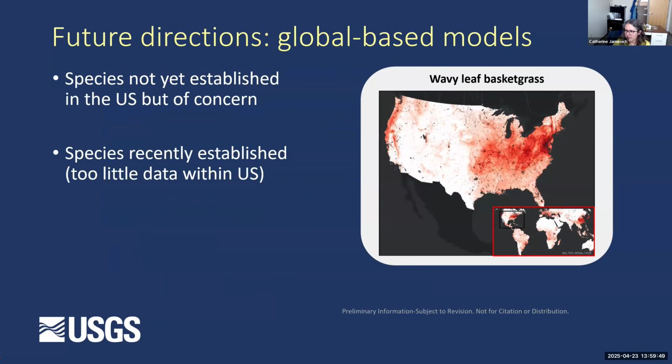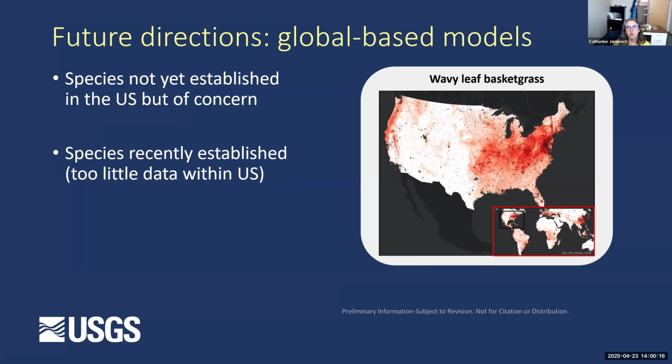And then there are a few future directions I wanted to mention related to Inhabit. These come from feedback from end users and things they would like to see. We've had a lot of species requested by managers that aren't yet established or well established in the US, but are of concern.